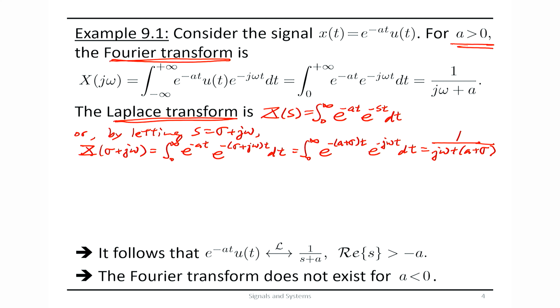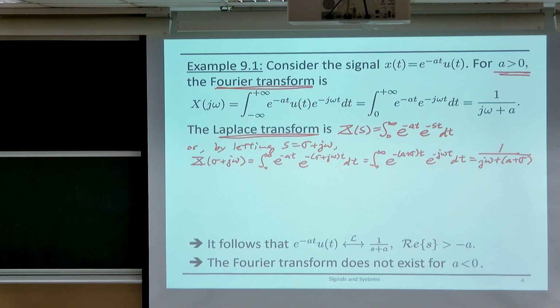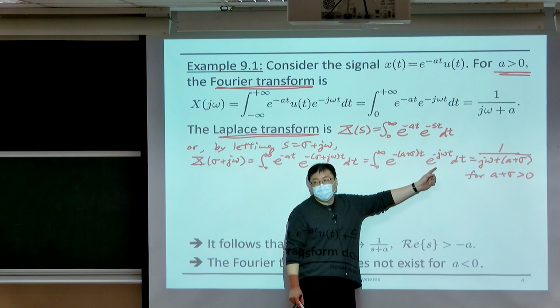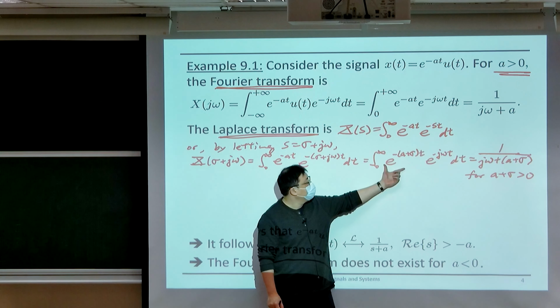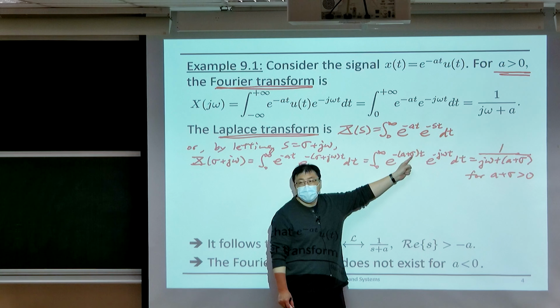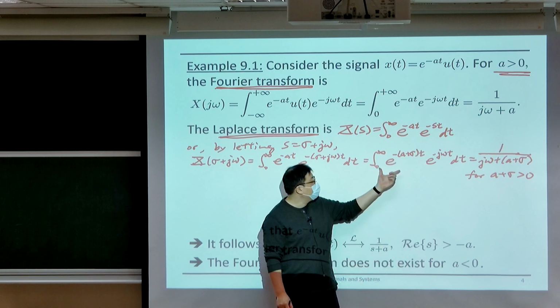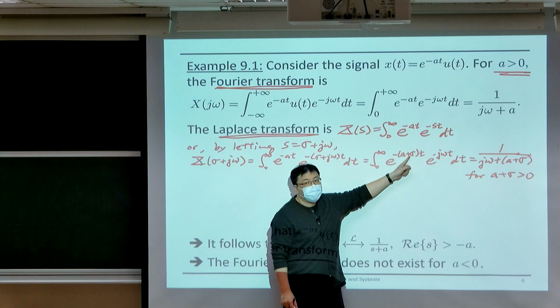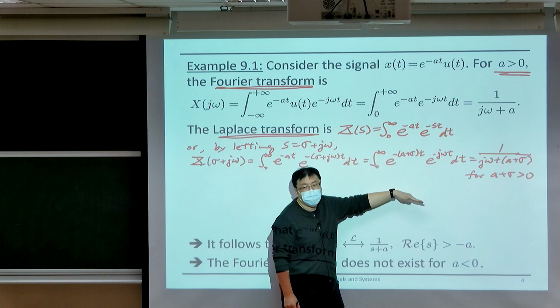But for this to be true, a plus sigma must be greater than 0. So we're looking at the Fourier transform of this e to the minus a plus sigma times t. In order for this to have a Fourier transform, a plus sigma must be greater than 0 so that this is a decaying exponential.